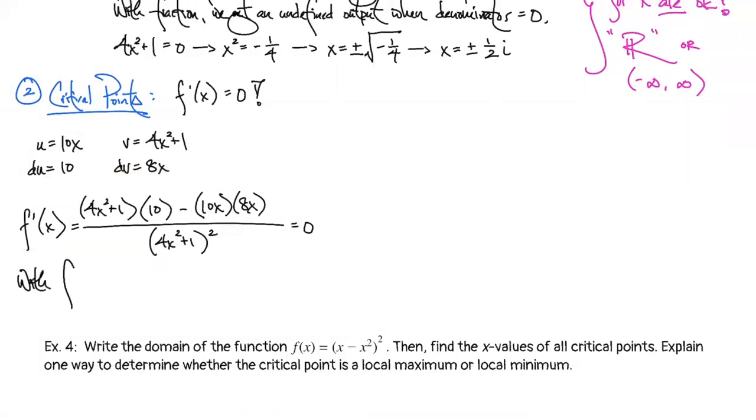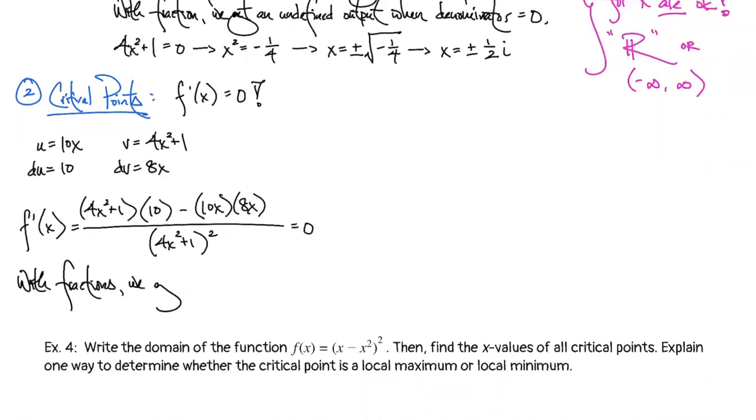With fractions, we get an output of 0 when the numerator equals 0. All right.